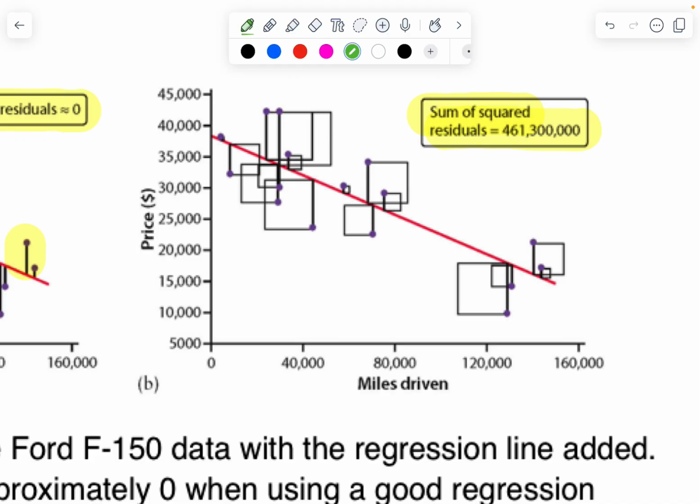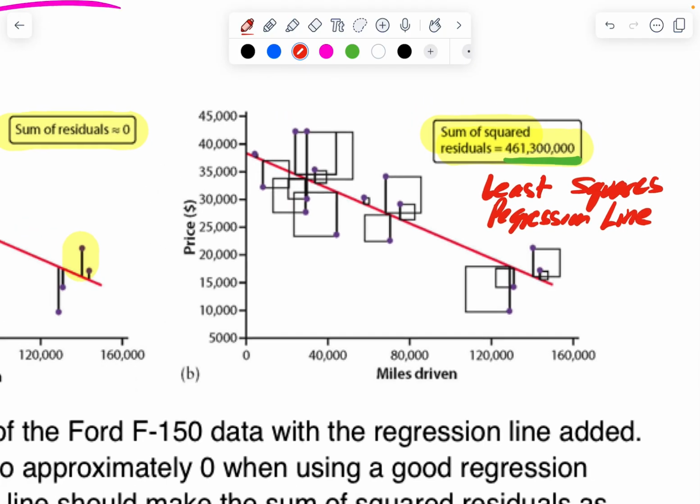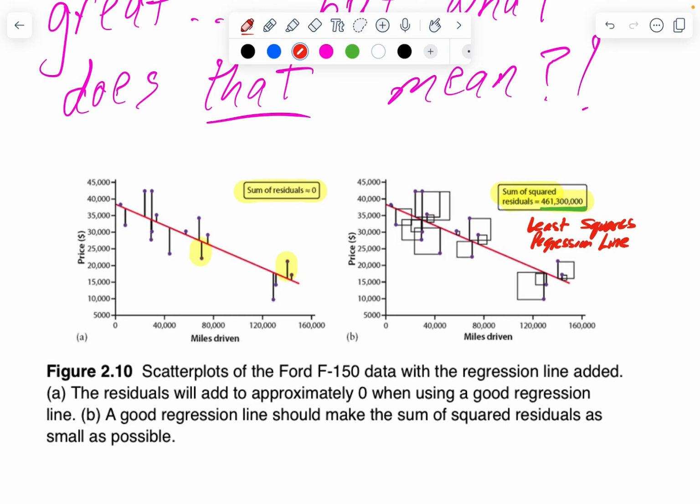Thus, when this sum achieves its minimum value, we get what's called the least squares regression line. That's what we mathematically agree on as the line of best fit: the line that makes the sum of the squared residuals as small as possible. That's why it has that name.